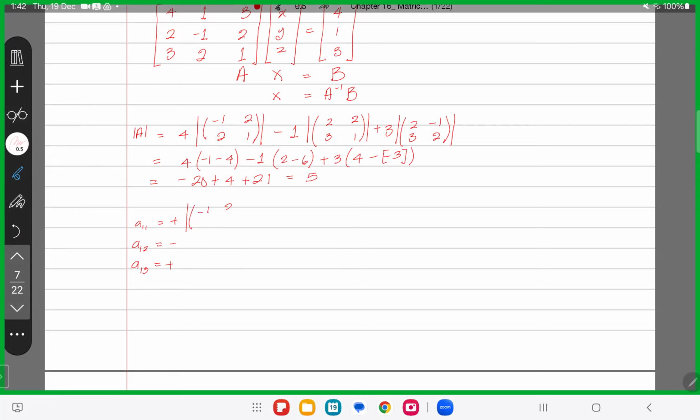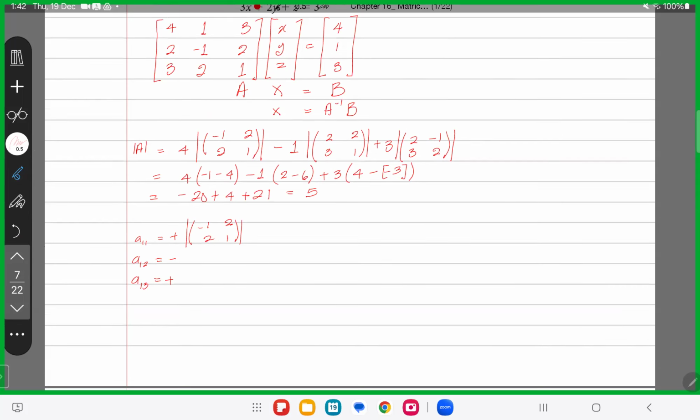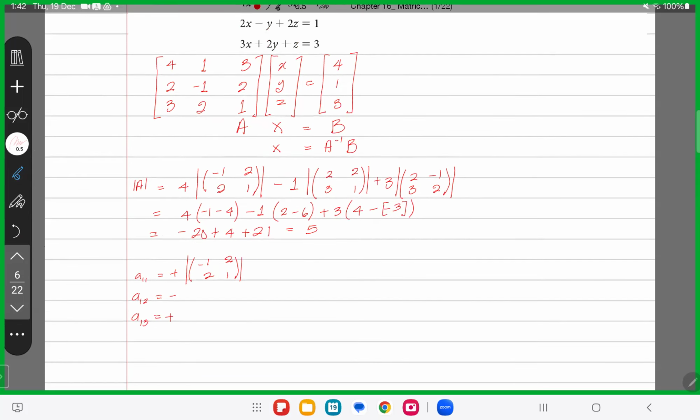For -1, 2, 2, 1, everybody should know by now the process: you ignore all the elements in the first row and the first column and find the determinant of the matrix formed by the remaining elements.